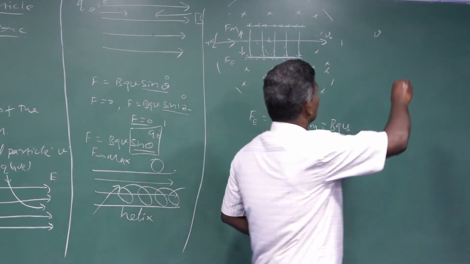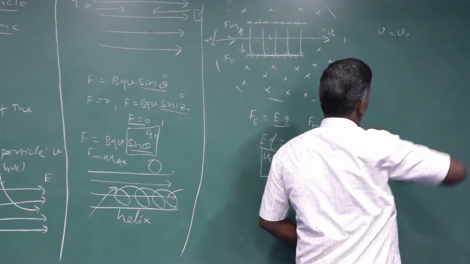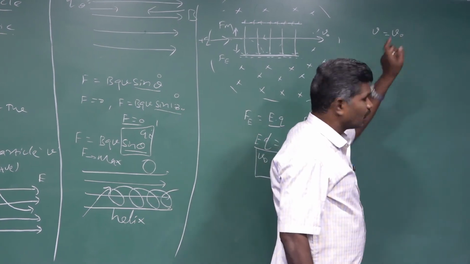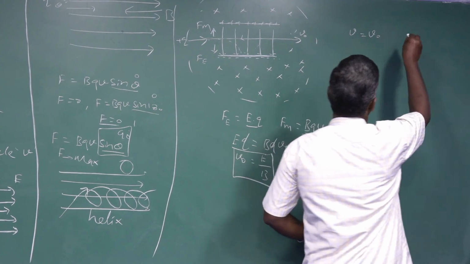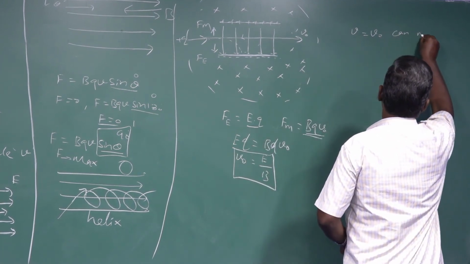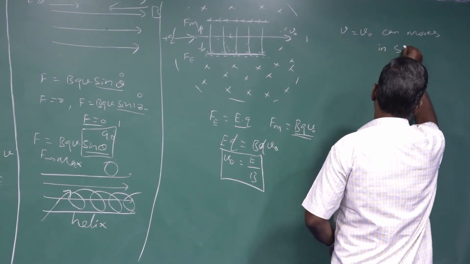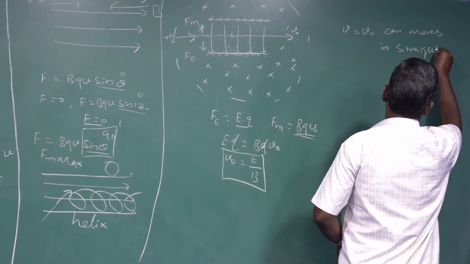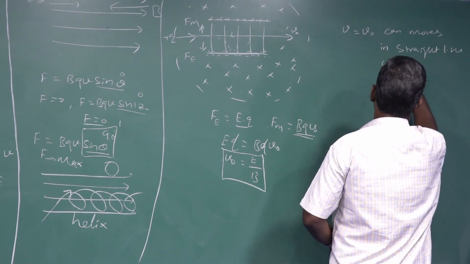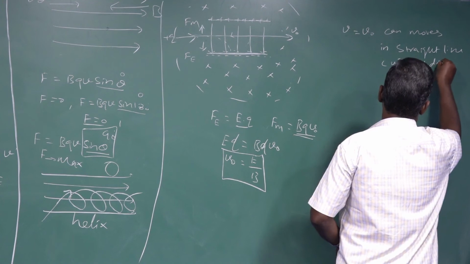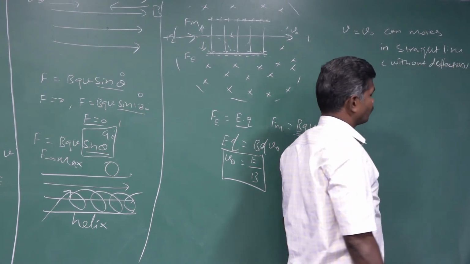If V is equal to V0, that value is E by B, then it can move in a straight line, without deflection.